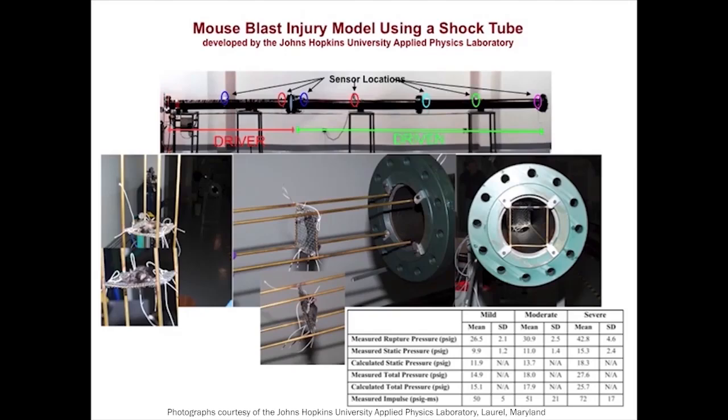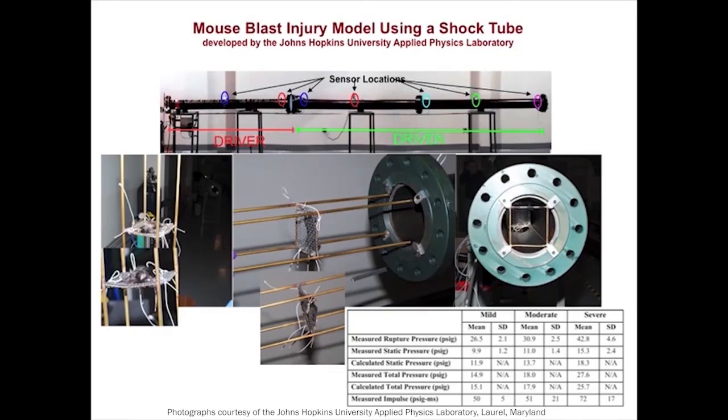For example, in a mouse blast injury model built by the Johns Hopkins University Applied Physics Laboratory in Laurel, Maryland, a compressed, helium-driven shock tube was used. The 14.6 or 6-inch diameter pneumatic shock tube system consisted of both a driver or pressurized and a driven or ambient section.